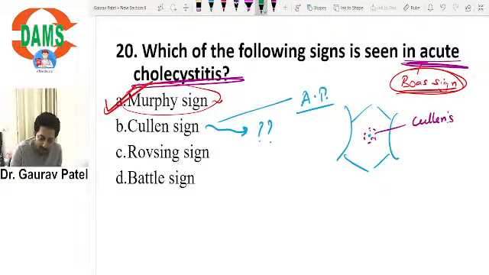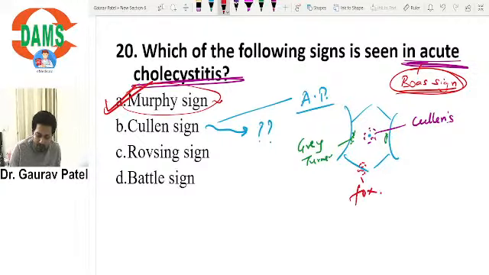If there is the same thing in the flanks, it is Grey Turner. And if the same thing occurs in the thigh or in the groin area, then that is Fox sign. These are the signs of hemorrhagic type of acute pancreatitis. So Cullen's, Grey Turner, and Fox.